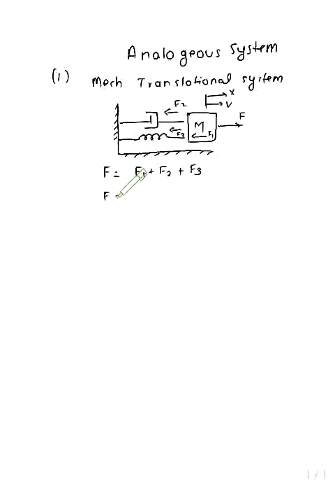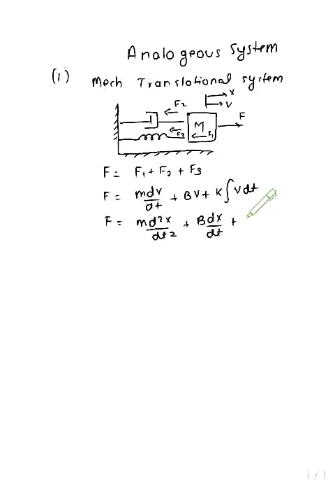So now we will make an equivalent system. This is the F1 equivalent system. So equal force will be there. In the equilibrium condition, F is equal to F1 plus F2 plus F3. So F is equal to m dv by dt plus bv plus k integration of v dt, where m is the mass, b is the damper coefficient, k is the spring constant.